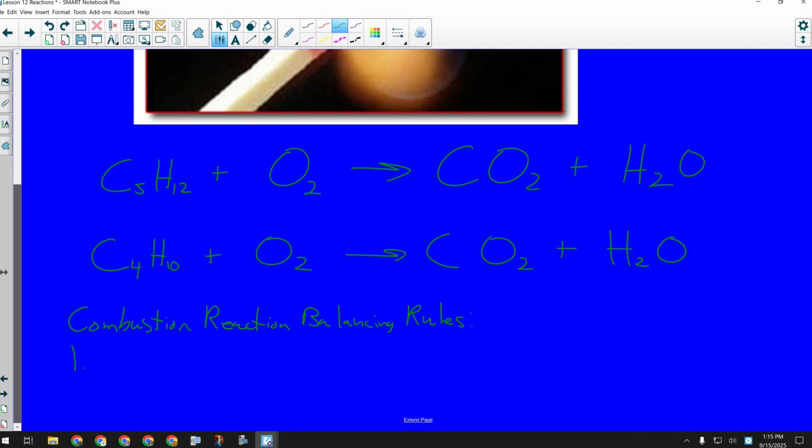The two reactions and then combustion reaction balancing rules. Okay, and we'll go over those two rules. Let's say I want to balance the top reaction. The first rule of balancing combustion reactions is that we balance in alphabetical order. That's rule number one. C, then H, then O.